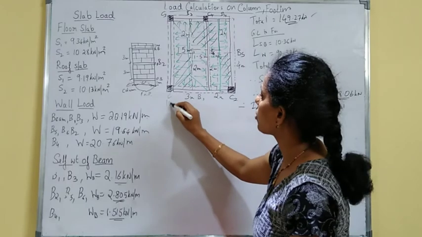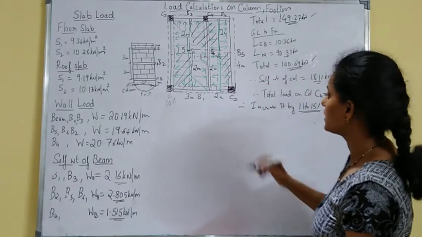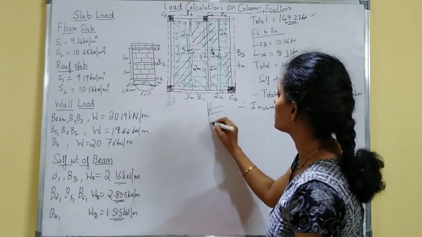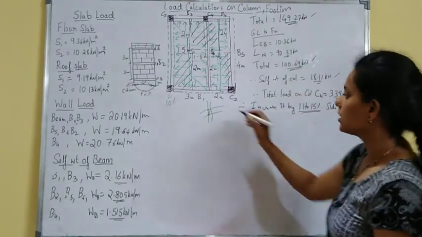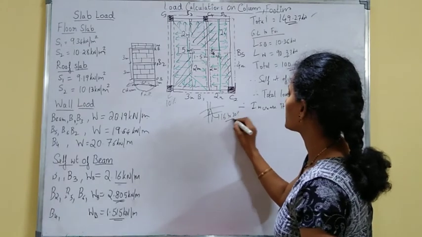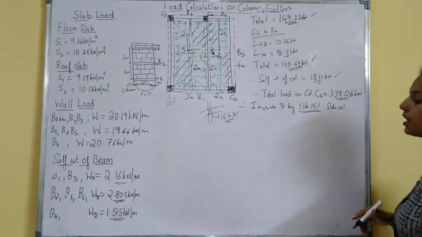For this corner column increase by 10%. Suppose if it is an interior column, here it is beam, here beam, here beam, all four sides beams, then you increase it by 16 to 20% of the total load of the column.